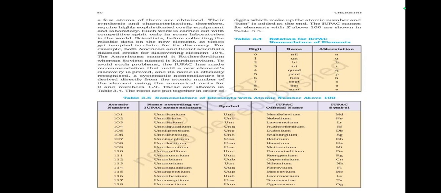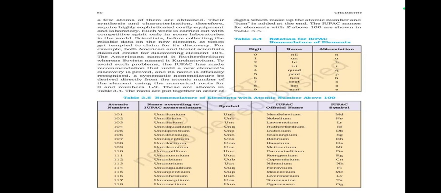For example, both American and Soviet scientists claimed the credit for discovering element 104. The Americans named it Rutherfordium, whereas the Soviets named it Kurchatovium.